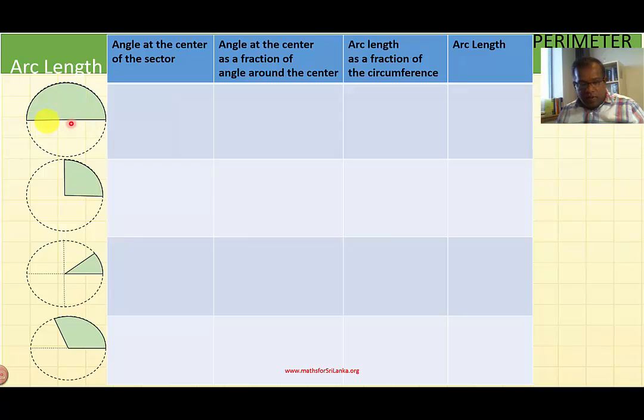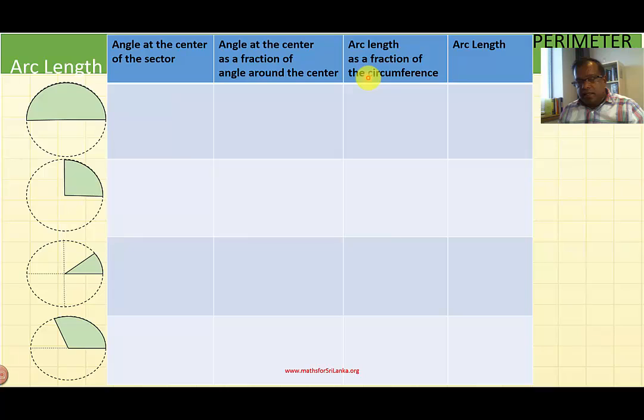The first one we have is a semicircle, right? And here we want to find the angle at the center. Clearly the angle at the center of the semicircle is equal to 180 degrees because it's a straight angle. And then we need to find the angle at the center as a fraction of the angle around the center. The angle around the center is always 360 degrees.